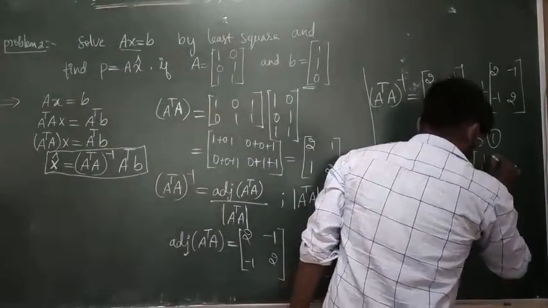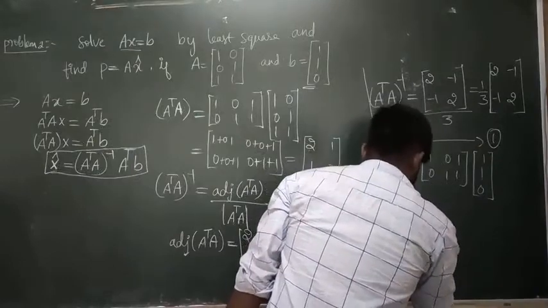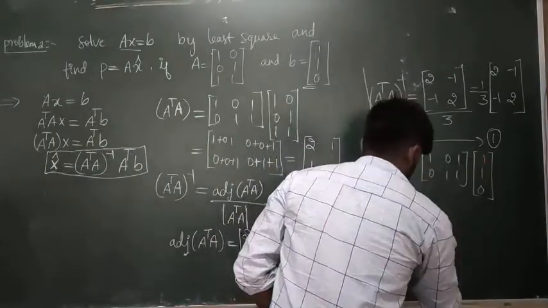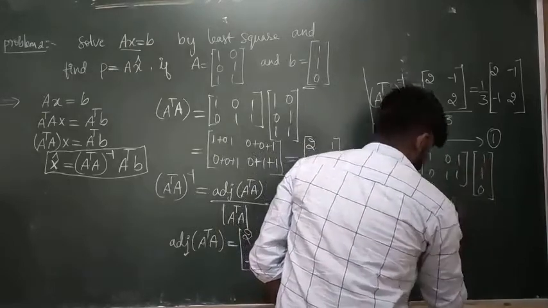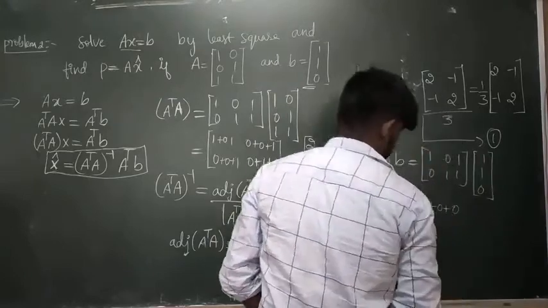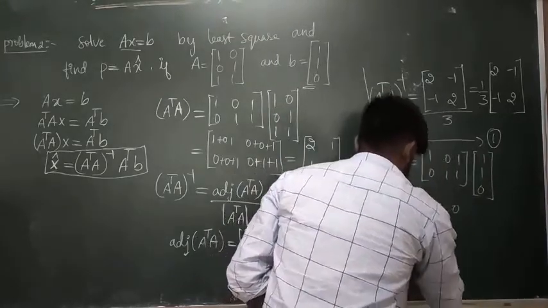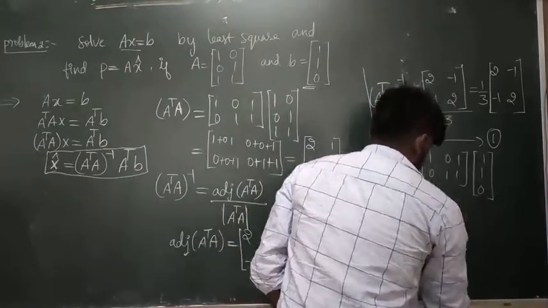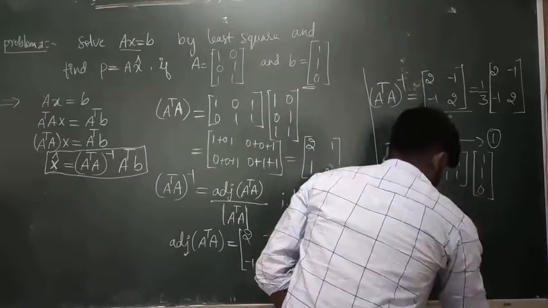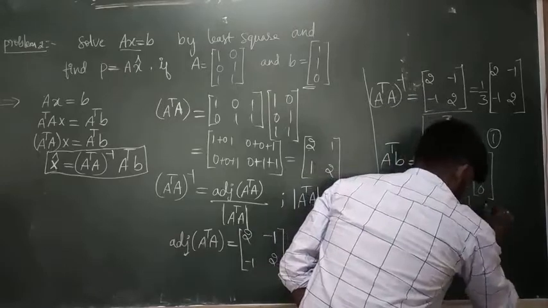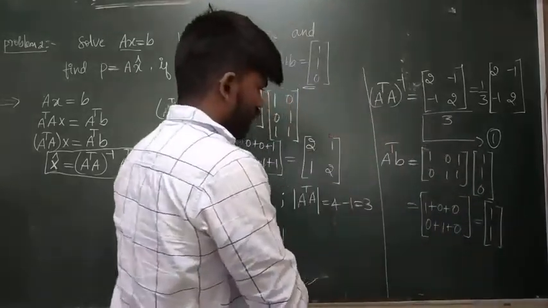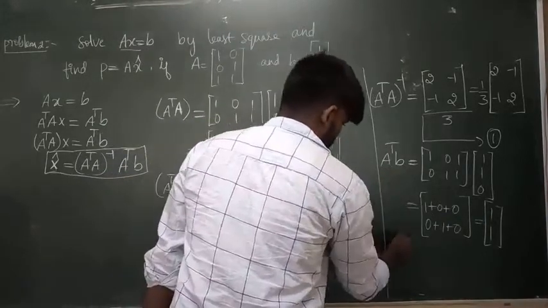Multiplying these two, we get 1 into 1 plus 0 into 1 plus 1 into 0, then 0 into 1 plus 1 into 1 plus 1 into 0. Therefore, A transpose b is [1; 1].